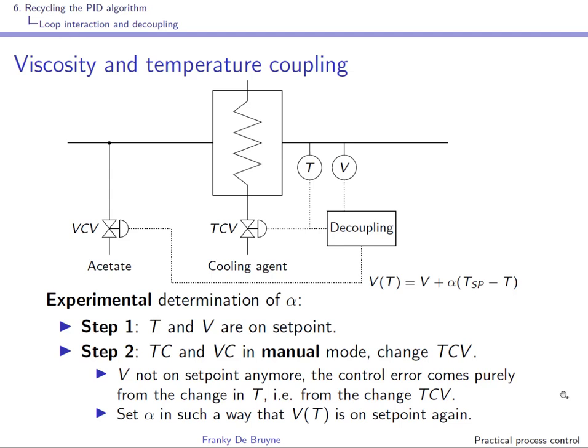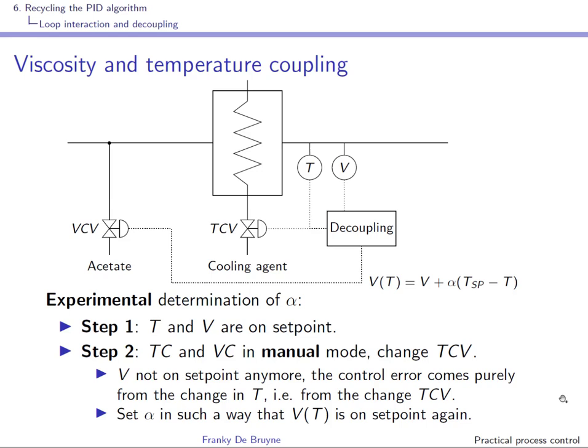It could also be that you have controllers that are not very good in transient mode, otherwise you would not optimize them, but that bring you to set point. If this is the case, you can use those two controllers. In any way, you have to arrive in a situation where T and V are on set point, and that you arrive at a steady state where both T and V are constant.